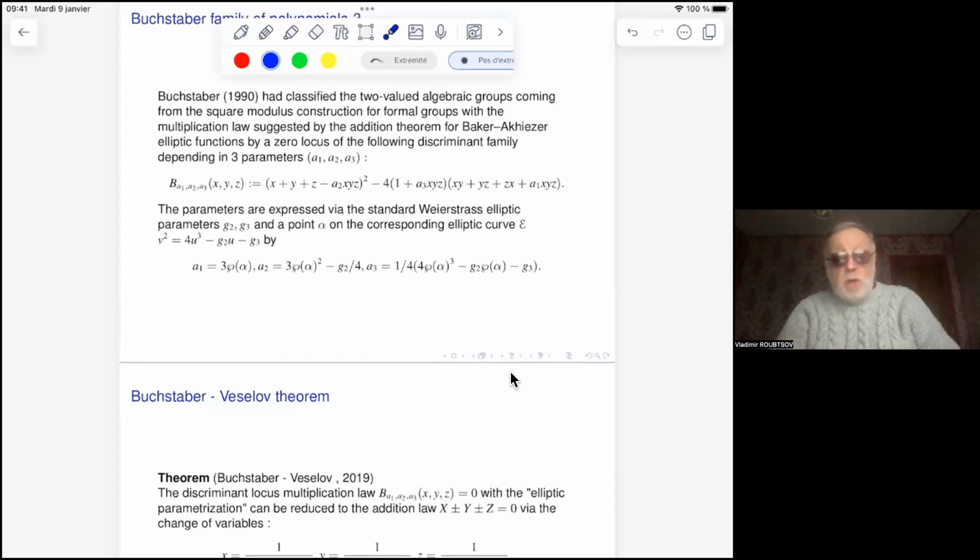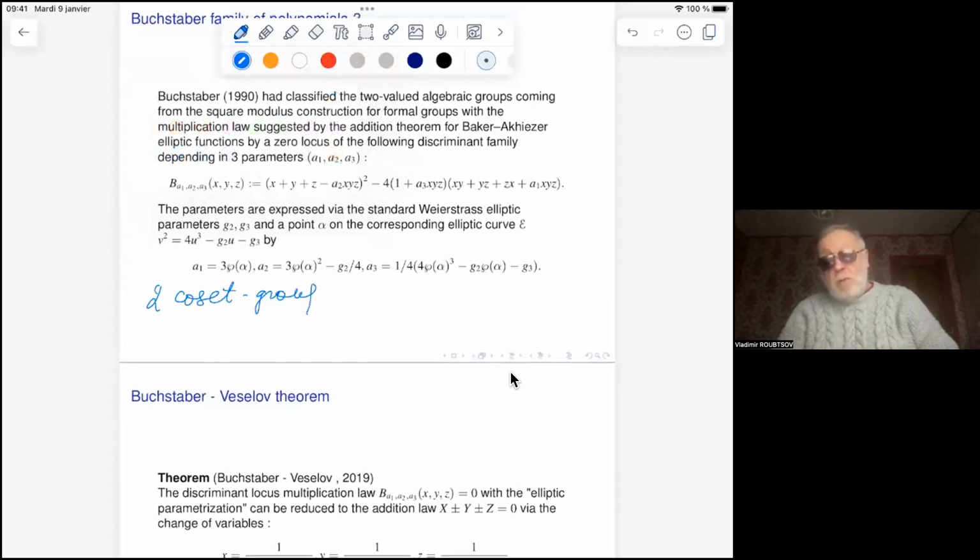It is the so-called two-valued coset group construction. For any coset G over H, one can define the formal two-valued group.